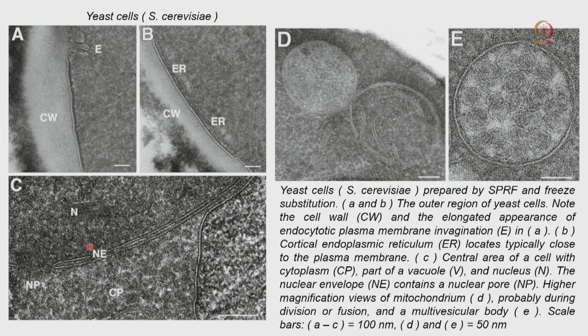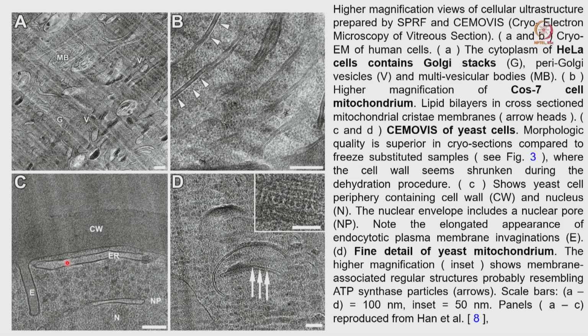You can see this bilayer clearly, the nucleus inside, and the nuclear pore also in those images. So, if you do proper sectioning, you can see lots of details inside our cell, without needing very costly high pressure freezing equipment.